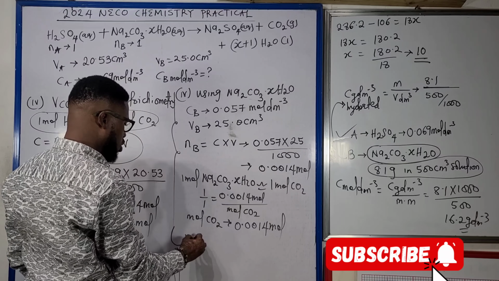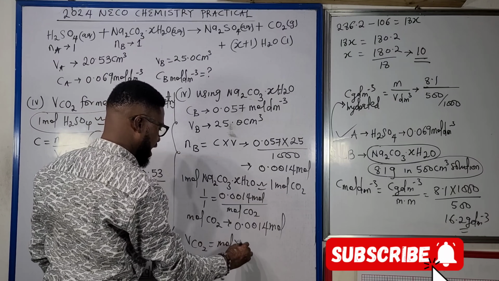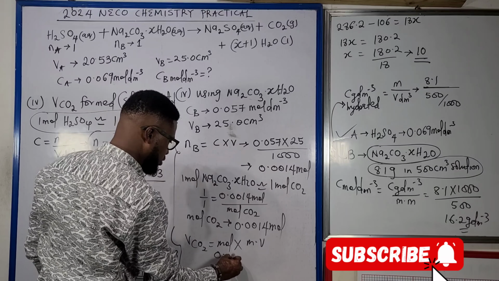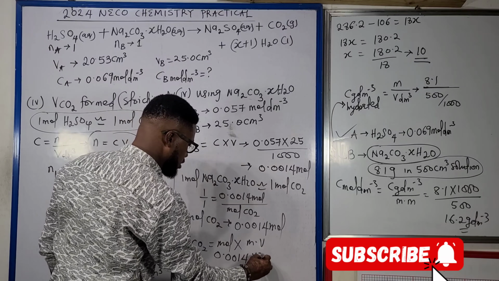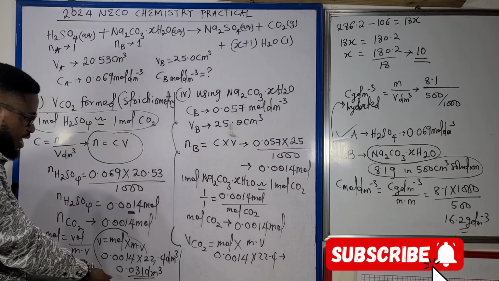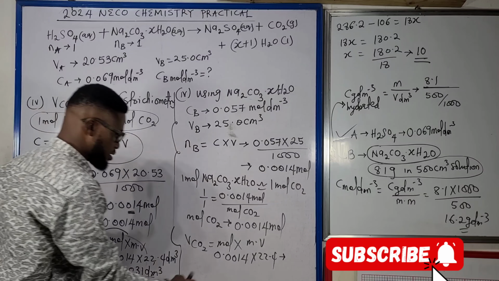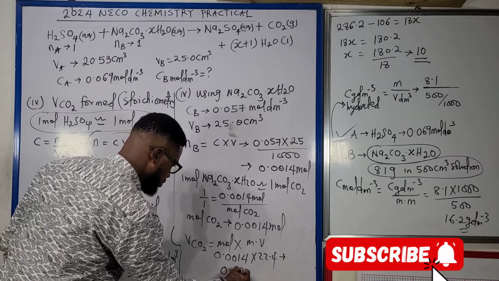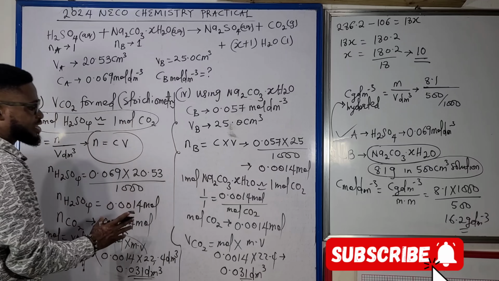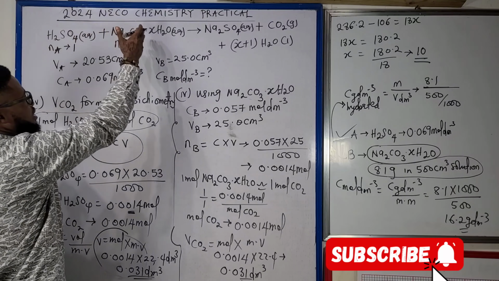Now, the volume of CO2 in this case is going to be mole times molar volume, and that will still be 0.0014 times 22.4 dm cube, and that will still give us exactly the same thing we got, 0.031 dm cube. So that way you see that you can use either H2SO4 or sodium carbonate.